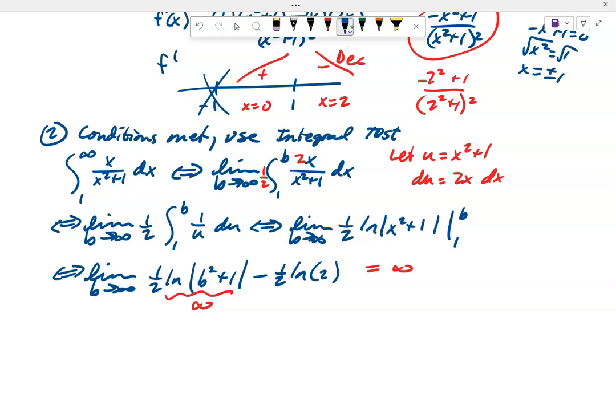So it went to infinity, right? So it diverges, right? So by the integral test, that must mean the original series also diverges. So since the integral diverges, that means the series must also diverge.